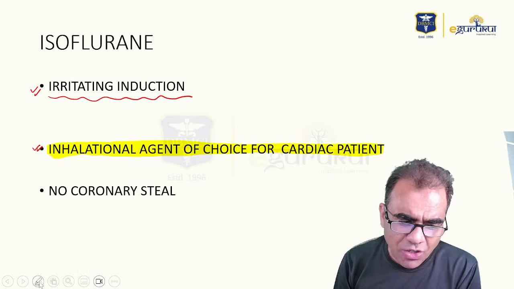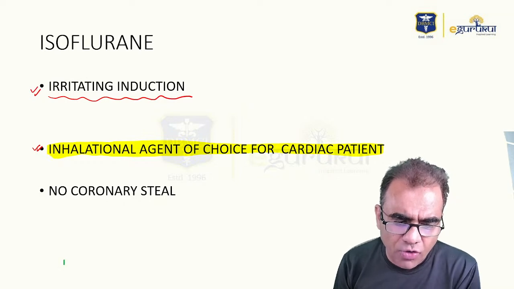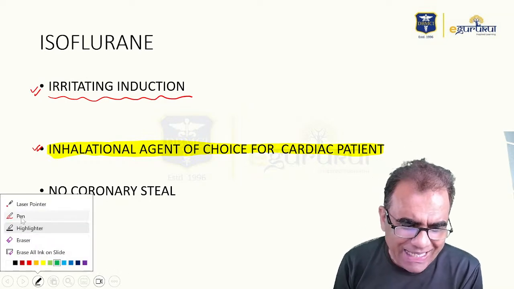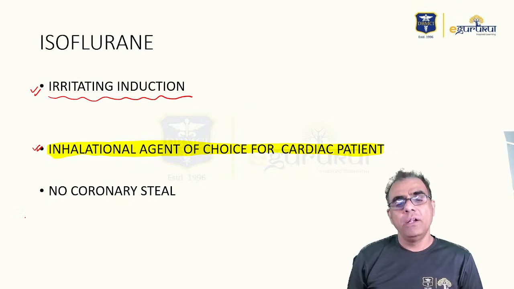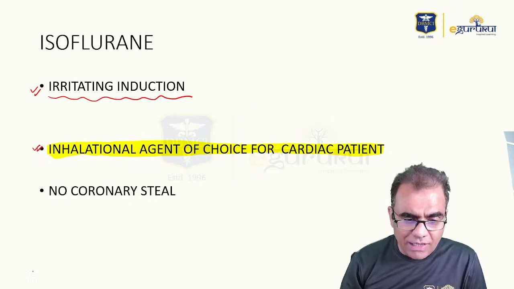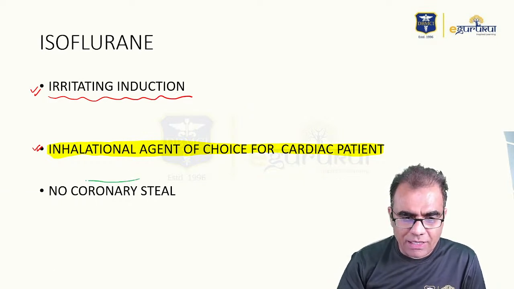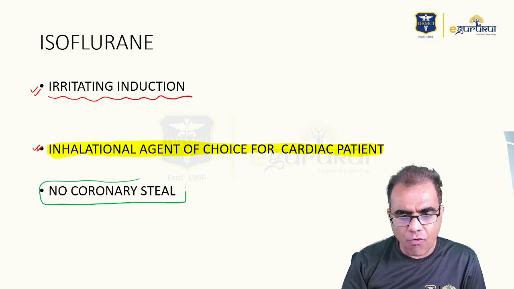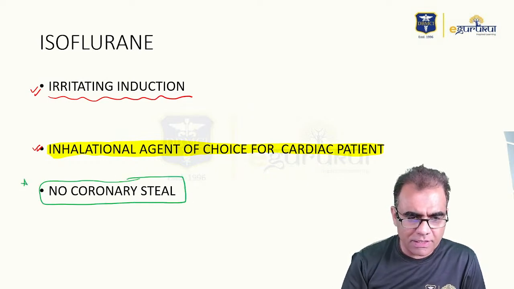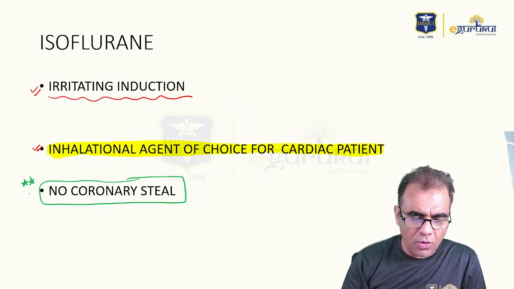Then it was actually the inhalation agent of choice for all cardiac patients except MI, because in MI it was believed that it causes coronary steal. But recently it has been proven that it does not cause coronary steal. So very important recent advancement on which again you can expect the question.